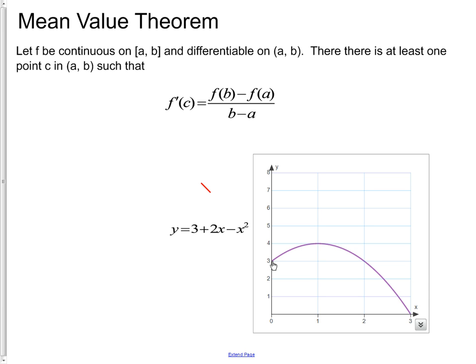What does that really mean? Well, we might take a point like this function right here that starts at 0, 3, and a point right here that's at 3, 0, and look at the slope of the line that passes through those 2 points, right? That is the slope f of b minus f of a over b minus a. In other words, it's the slope of a line that passes through 2 points at x equals a and x equals b.